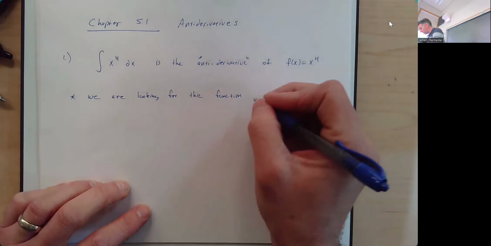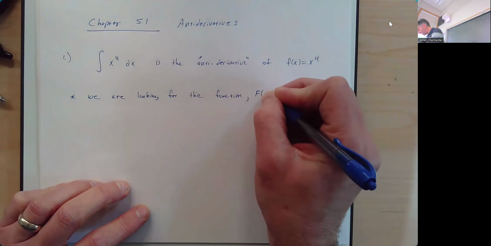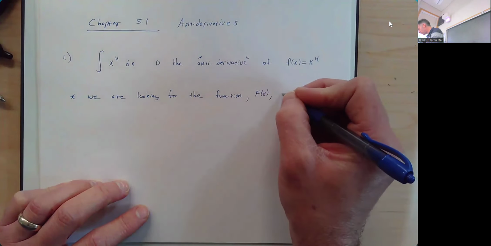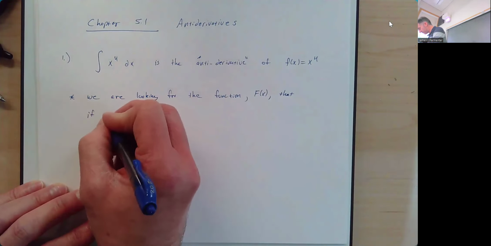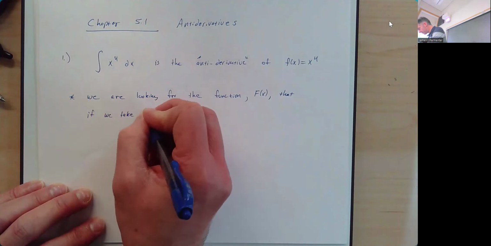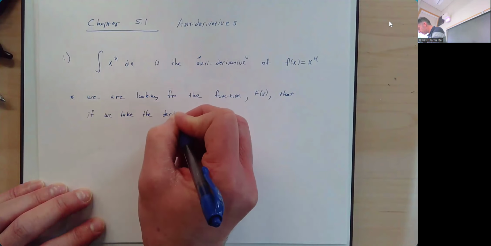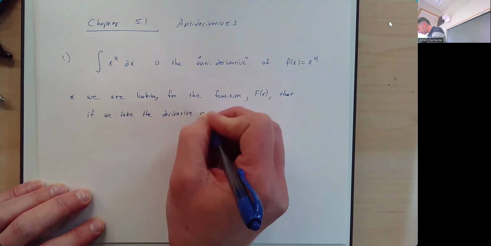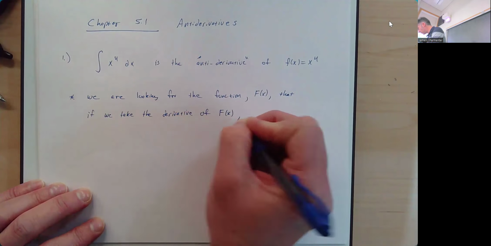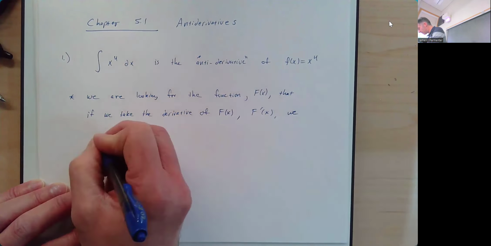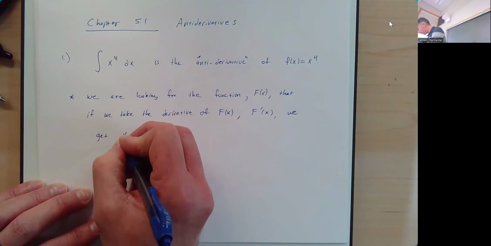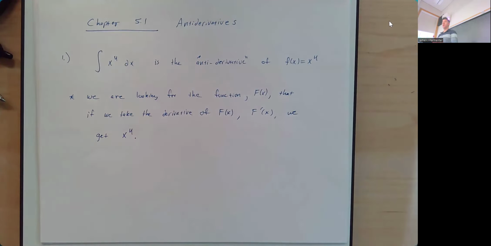That's a pretty standard thing people do. So we are looking for the function, I'm going to call it capital F of x, that if we take the derivative, which we would write as F prime of x, we end up getting x to the fourth. That's the whole idea.